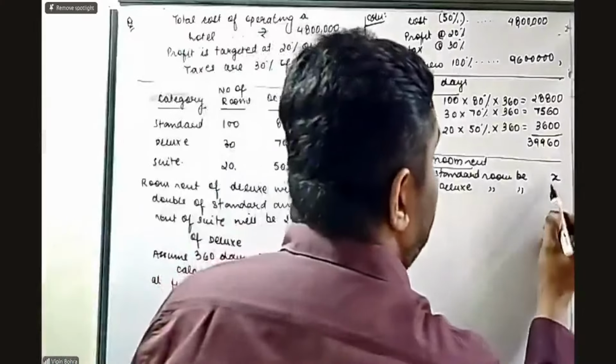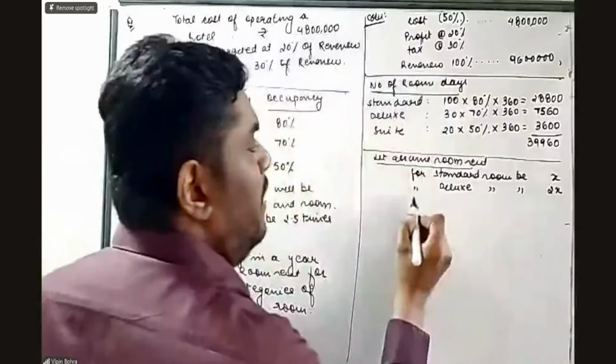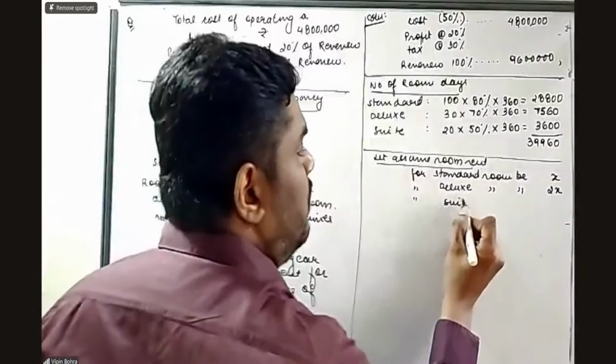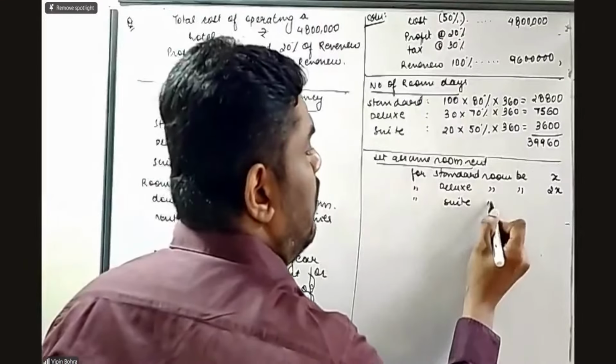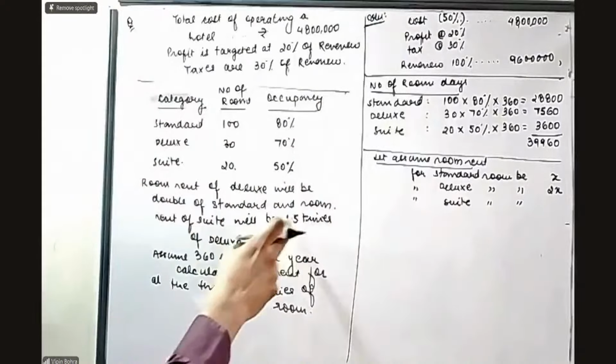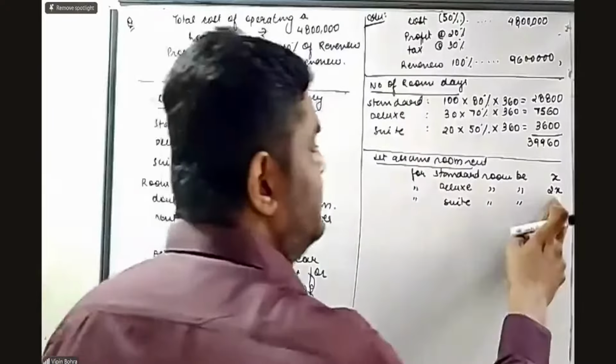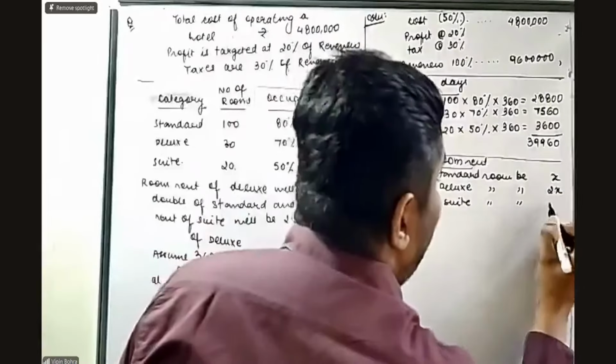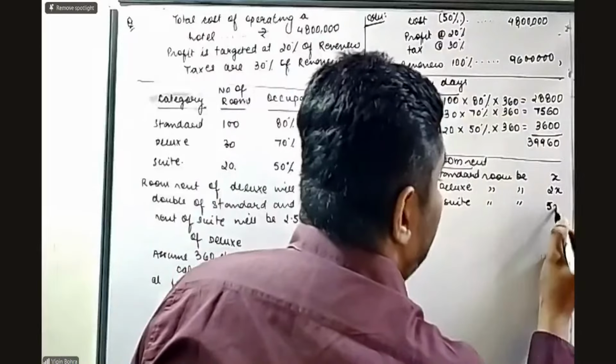So this will be 2x. And for suite room, the room rent of suite will be 2.5 times of deluxe. So deluxe is 2, so 2 into 2.5 times. So this will be 5x.